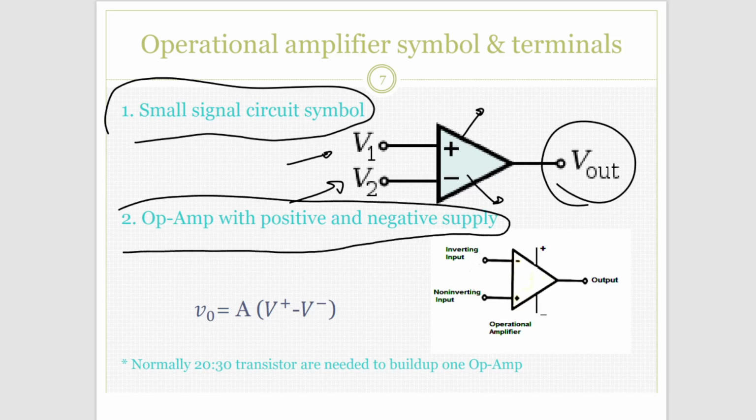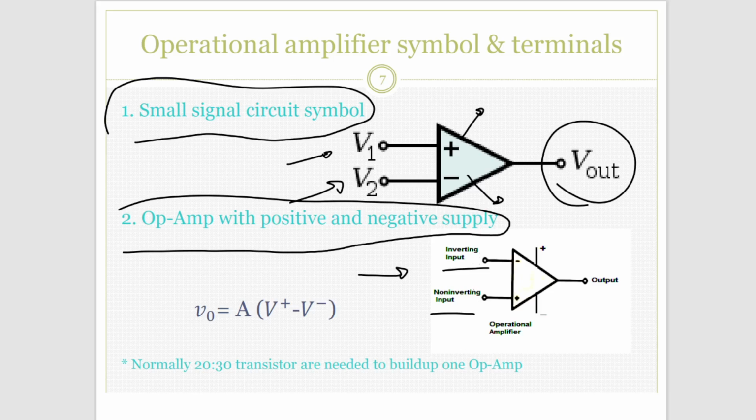This is the more detailed version of this symbol. Here we have V number 1 and V number 2, input 1 and input 2. The minus means that this is an inverting input, and the positive means that this is a non-inverting input.